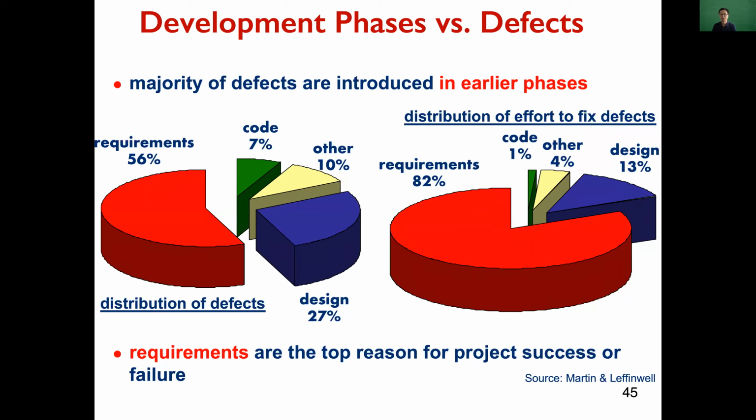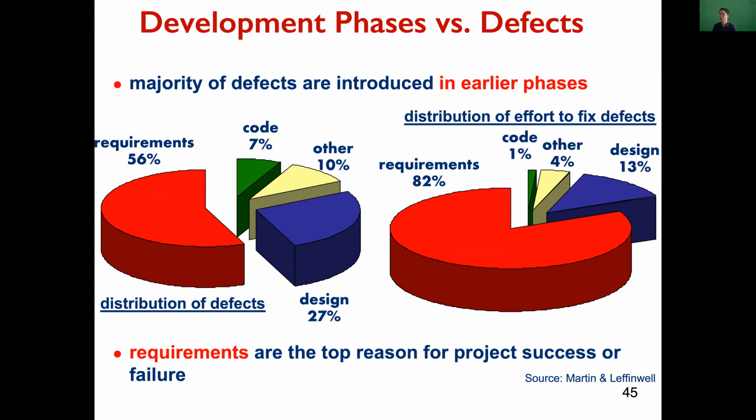If you look at the figure on the right side, this one shows the distribution of effort to fix defects. Over 80% of the effort is used to fix the defects related to requirements, and over 13% of the effort is used for fixing the defects in the design phase.